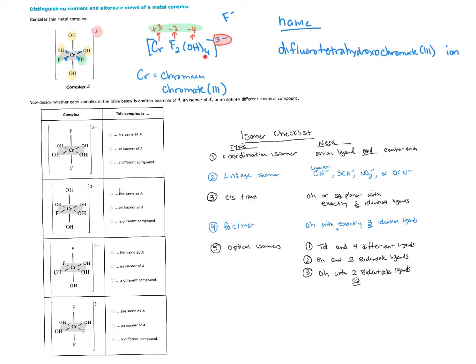So we have the chemical formula, and we want to decide of these 4 structures given if it's another example of A, so the same as A, just rotated in space, an isomer of A. If it's an isomer of A, it would fall into one of these 4 categories, or an entirely different chemical compound. If it's a different chemical compound, that means it would have a different chemical formula.